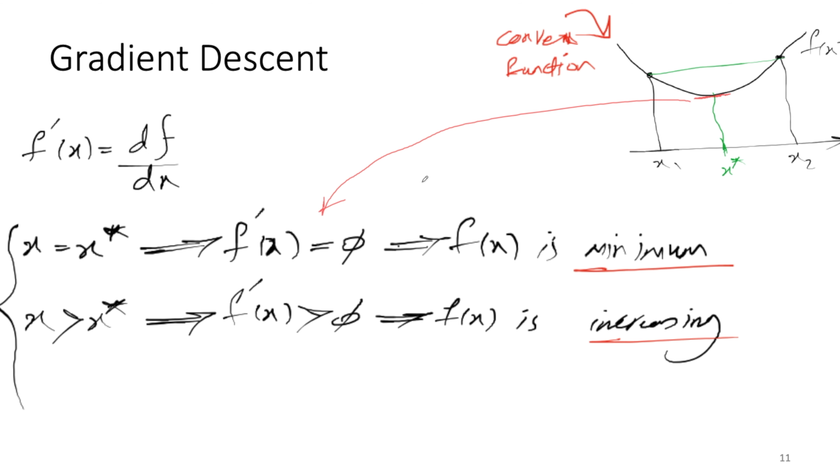In the other case, if the x that we chose was greater than x star, going towards x2, if you take a look at the function, the slope is increasing a little bit, so it's going upward, right? So this result would be greater than 0, so we understand that f of x is increasing.